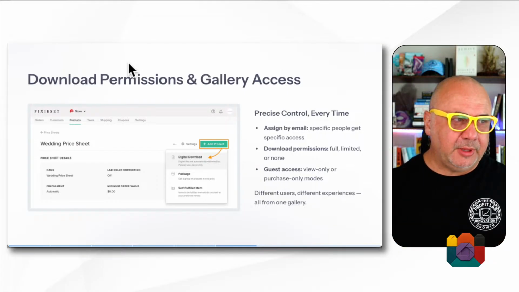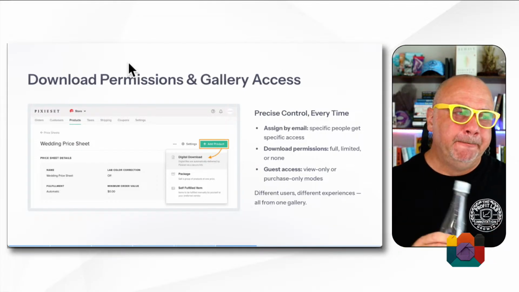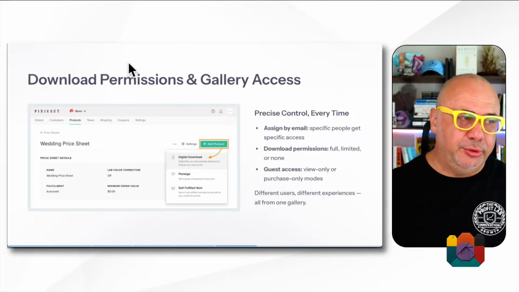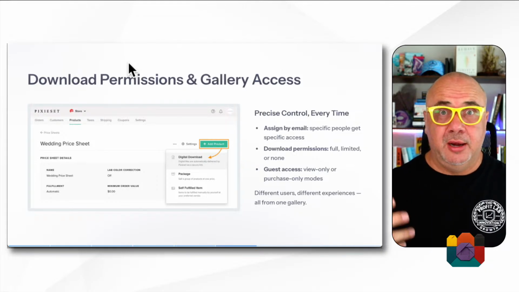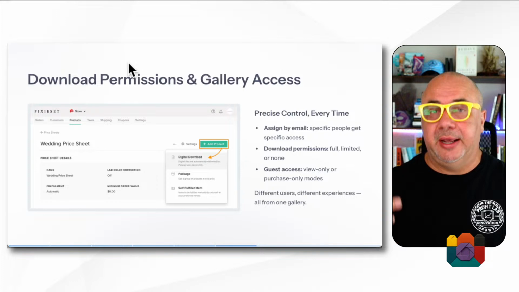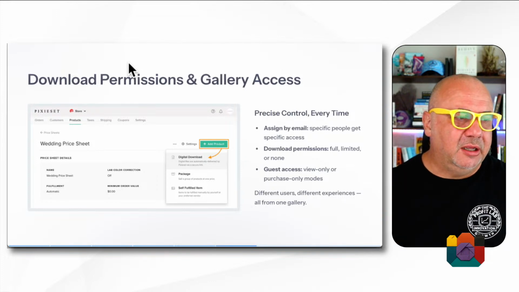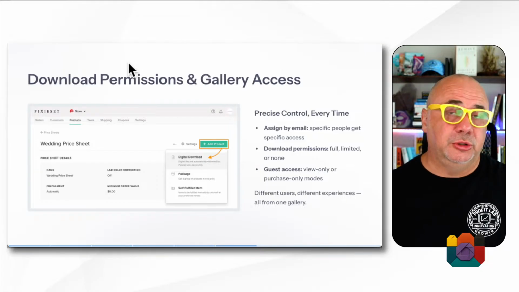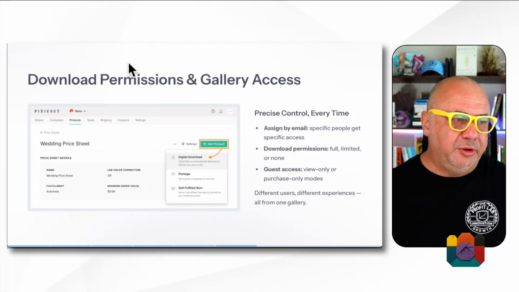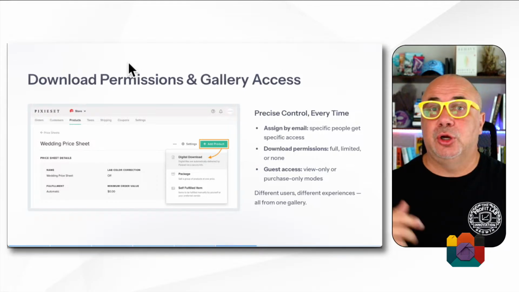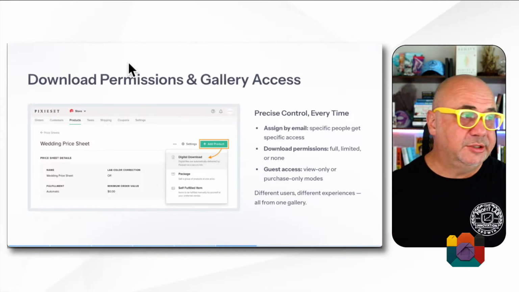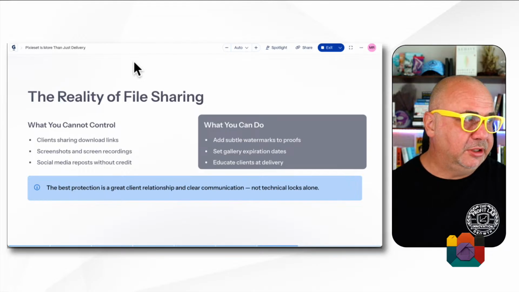You can set download permissions: either full download or limited or none. Maybe you just set it up for viewing and they have to purchase anything else. And then guest access is either view only or purchase only modes, which is pretty cool. Different users, different experiences, all from the same gallery. All those settings are in there, which is really cool.